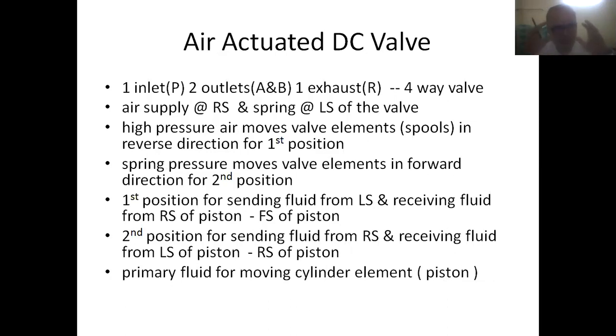As mentioned in the diagram, compressed air, high pressure air will be used for putting the valve in first position, and spring pressure will be used for putting the valve in second position. The first position of the valve is for performing the forward stroke of the piston, and the second position of the valve for performing the return stroke of the piston.